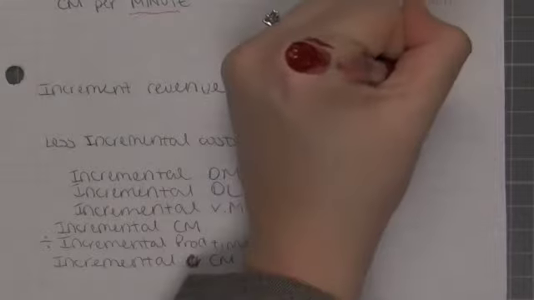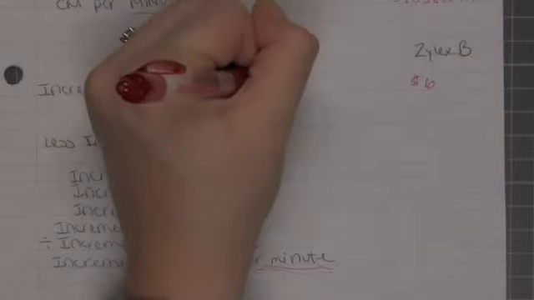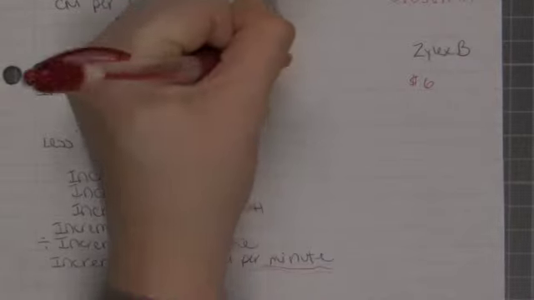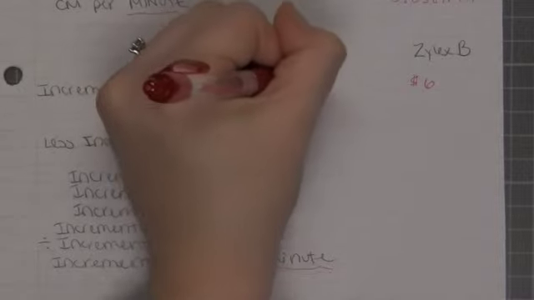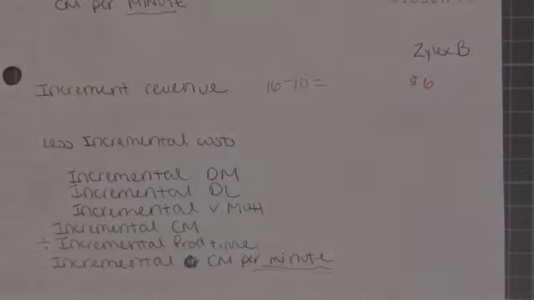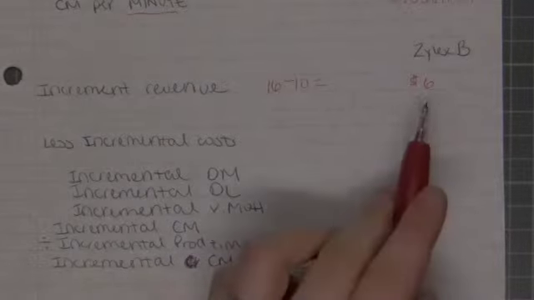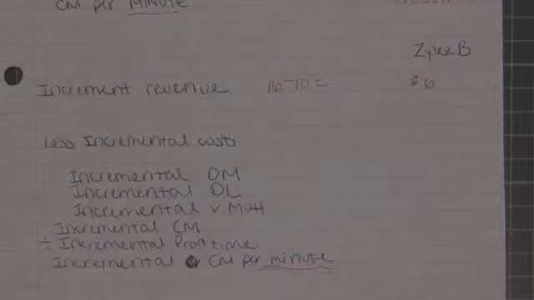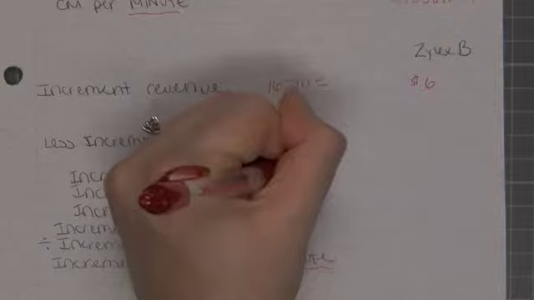Incremental revenue, they tell us that we will get $6 extra for Xilex B. So Xilex B's selling price is $16. Remember that Xilex A's selling price was $10. So $6 is the incremental revenue on Xilex B. Our incremental direct materials are given to us.